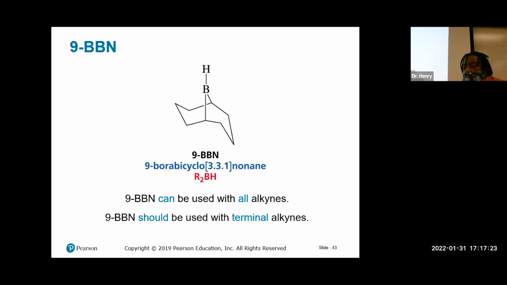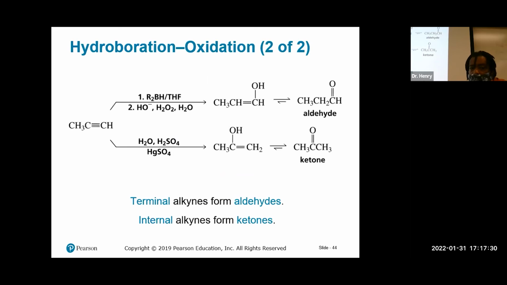Okay. So here, this is a terminal alkene, right? So we can use the hydroboration oxidation procedure to get an aldehyde in this circumstance.